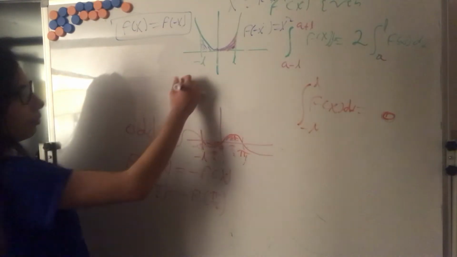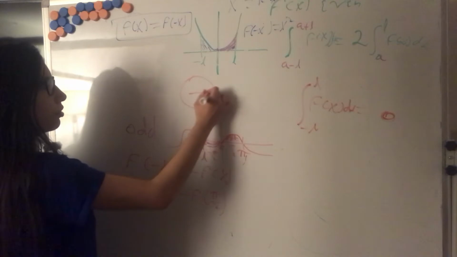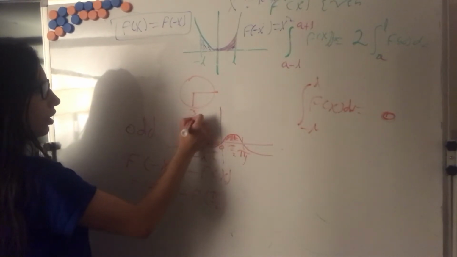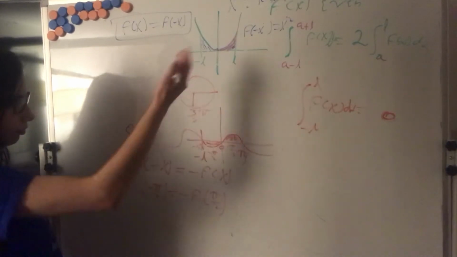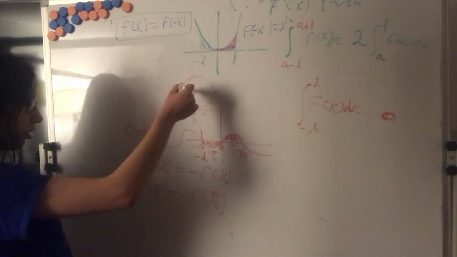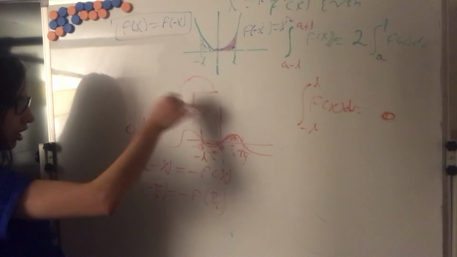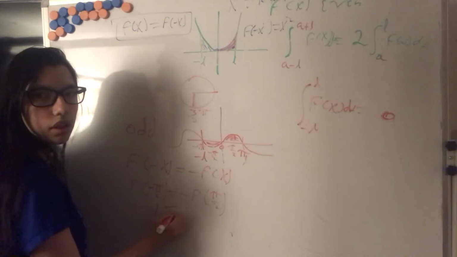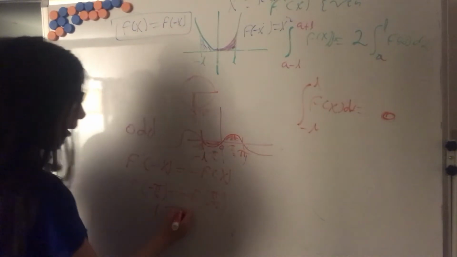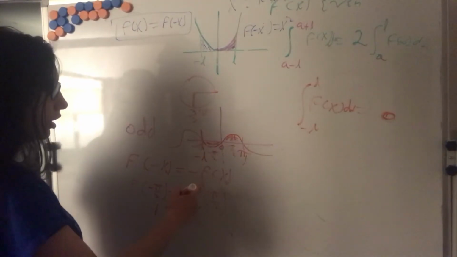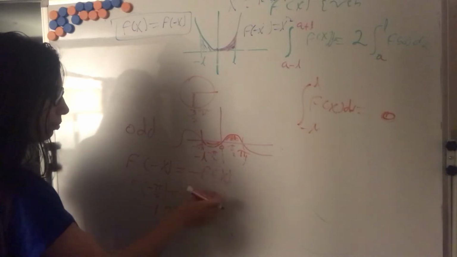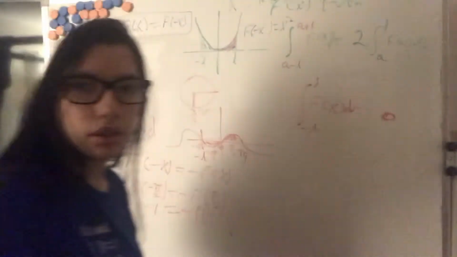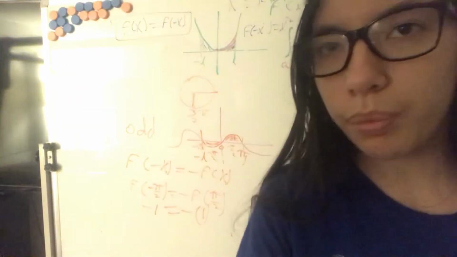In the unit circle, minus pi over 2 is the same as 3/2 pi, and the sine of this is just minus 1. So minus 1 is equal to minus the sine of pi over 2, which is 1. So we have minus 1 equals minus 1, and this is the other property.